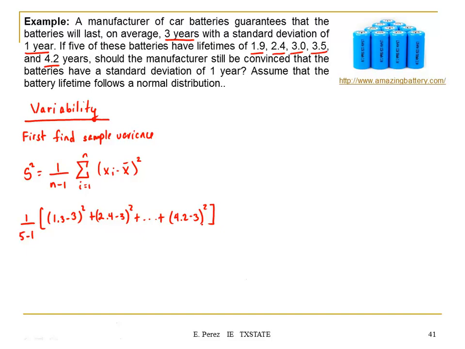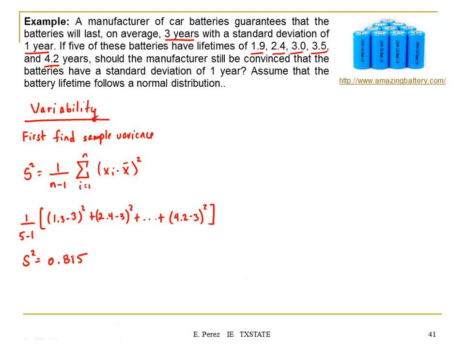Okay, so you have to do that difference. You have to square the difference of each observation. So that value, sample variance equals 0.815.